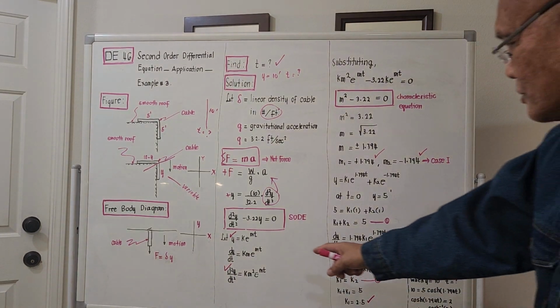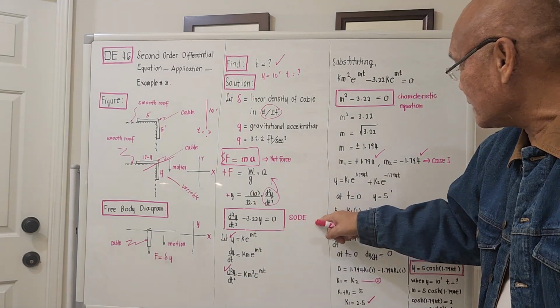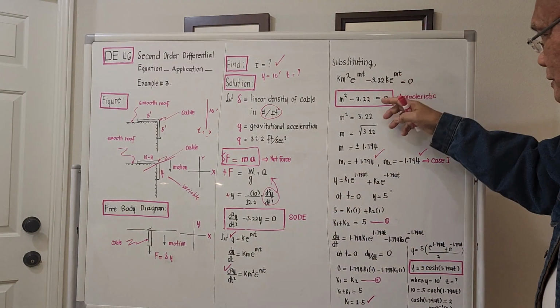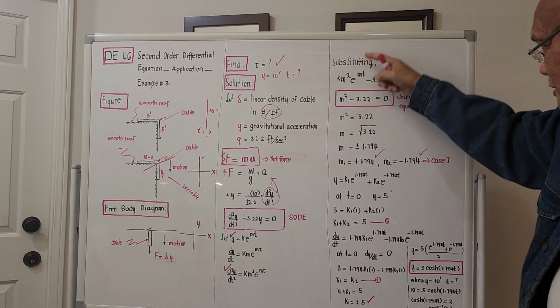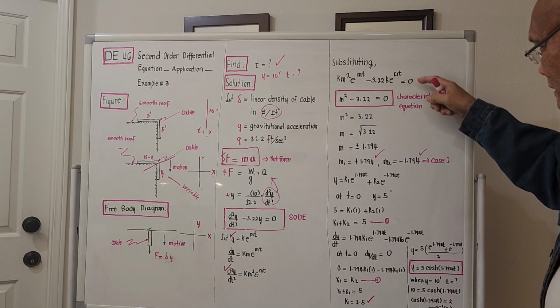After the substitution, what comes out is km square e raised to mt minus 3.22 k e raised to mt equal to 0.